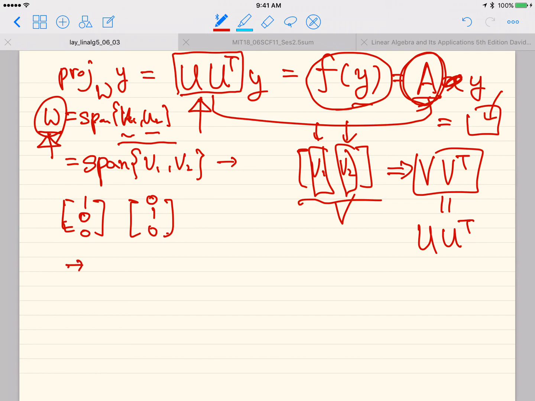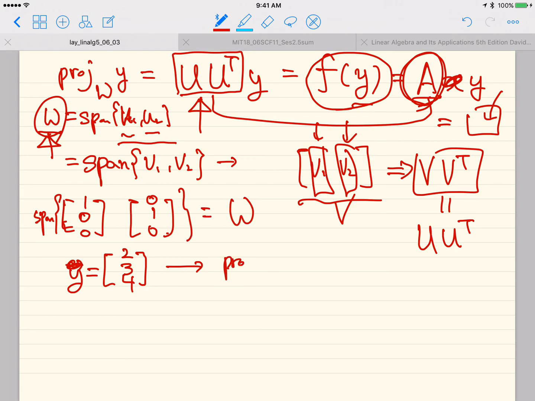Let's imagine some vector y, and what will be the orthogonal projection of this y onto this subspace, proj W of y? What should be that vector?